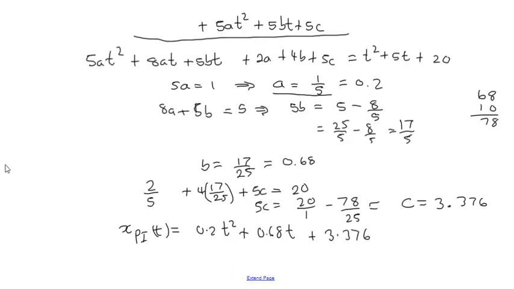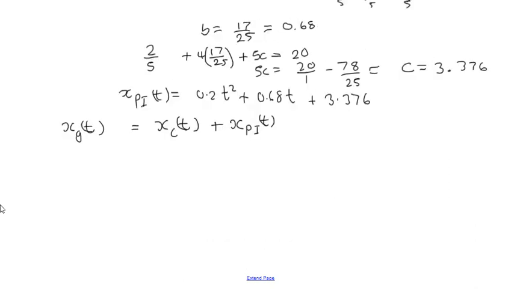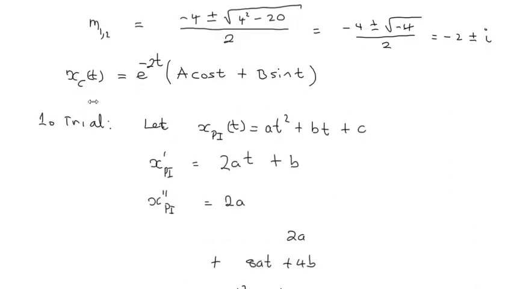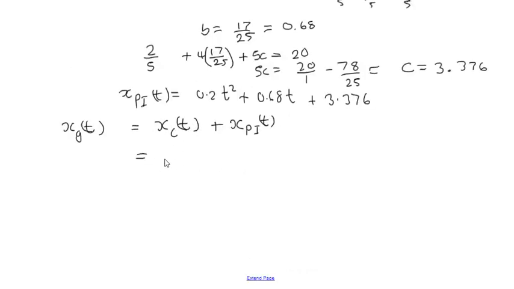So now we have got the complementary solution and our particular integral, we can now write the general solution, which is x_g, whereby we add our complementary solution to the particular integral. We've got our complementary solution as follows: e to the power minus 2t, the undetermined coefficient a cos of t, plus an undetermined coefficient b sine of t, plus the particular integral here.